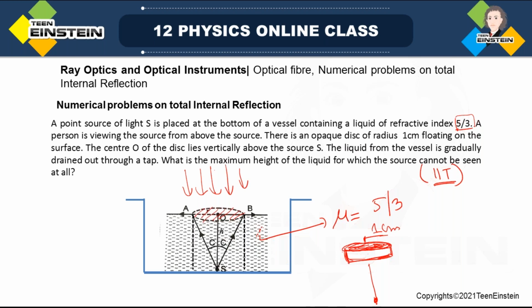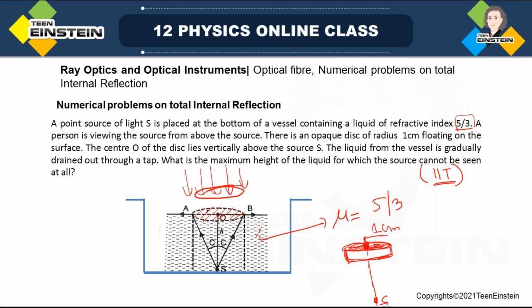Suppose this is the center; in the same line, the source is situated, as you can see from this figure also. So if some person is viewing from this particular place, he definitely will not be able to see the source.